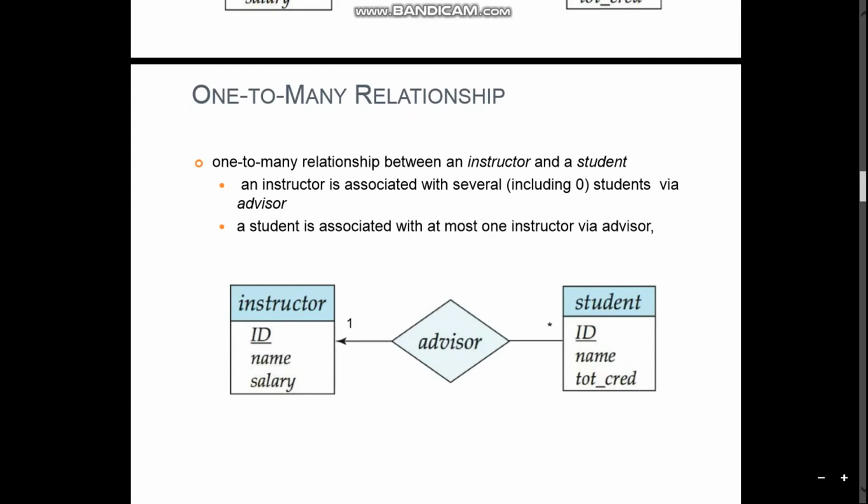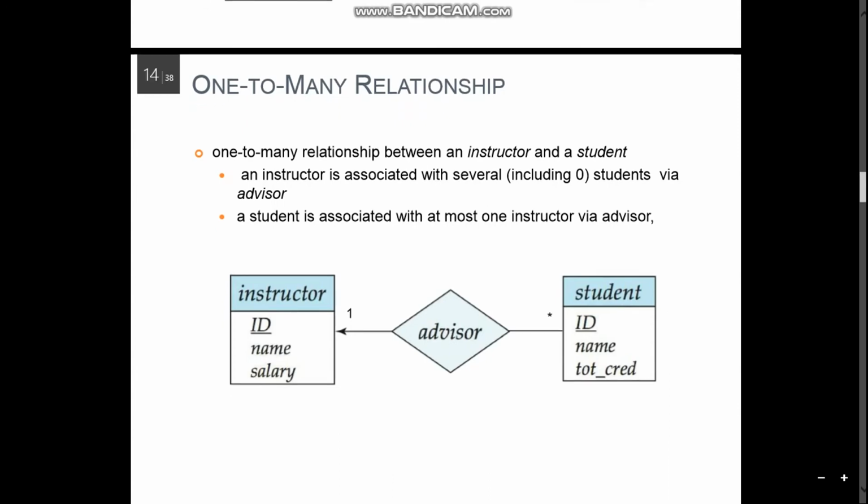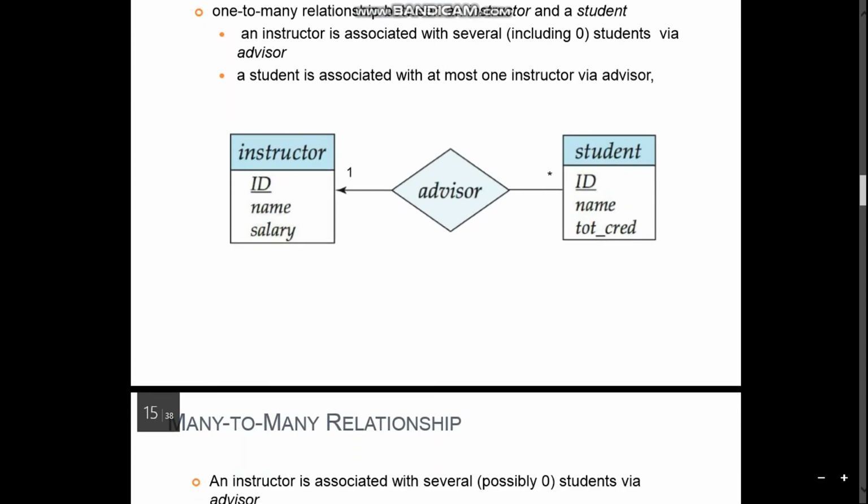An instructor is associated with several, including 0, students through advisor, or a student is associated with at most one instructor through advisor. मतलब ये हुआ कि एक इंस्ट्रक्टर एक वक्त में एक से ज़्यादा स्टूडेंट्स को एडवाइस कर सकता है, और या एक से ज़्यादा मेनी स्टूडेंट्स जो है वो एक एडवाइज़र के अंडर काम कर सकते हैं. सो वन इज़ ऑन द इंस्ट्रक्टर साइड, यू कैन सी हियर, आप एरो देख सकते हैं, और स्टेरिक इज़ ऑन द अदर साइड. Okay, this was a one-to-many relationship.